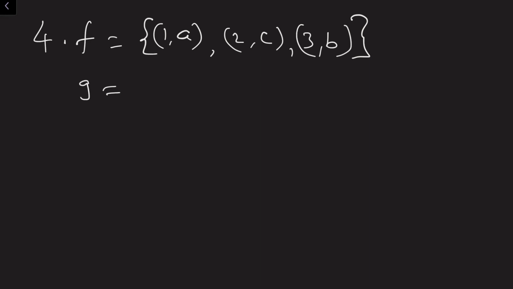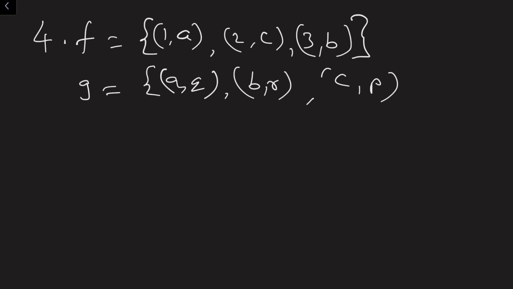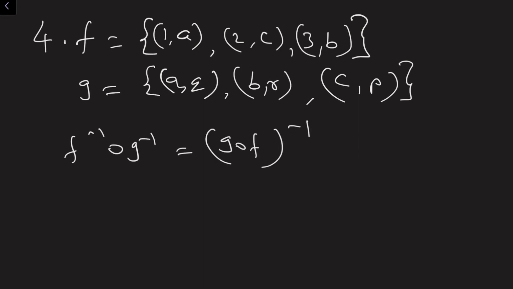Function g is equal to {(a, q), (b, r), (c, p)}. Then he is asking to show that (f inverse of g inverse) is equal to (g of f) whole inverse. So first I am going to solve this LHS.